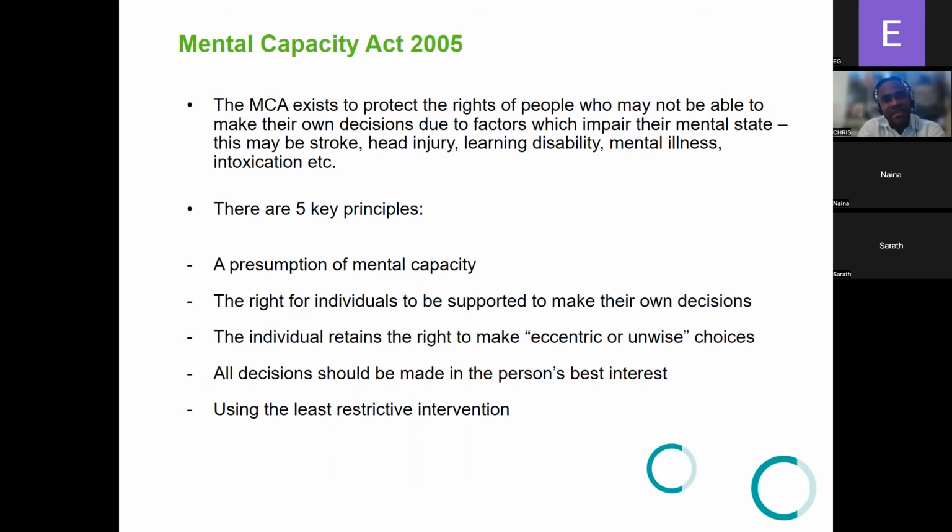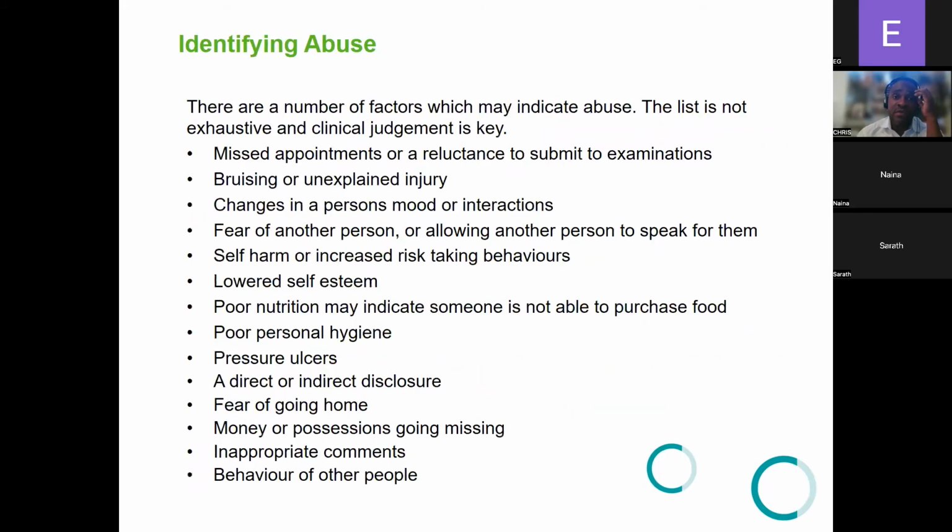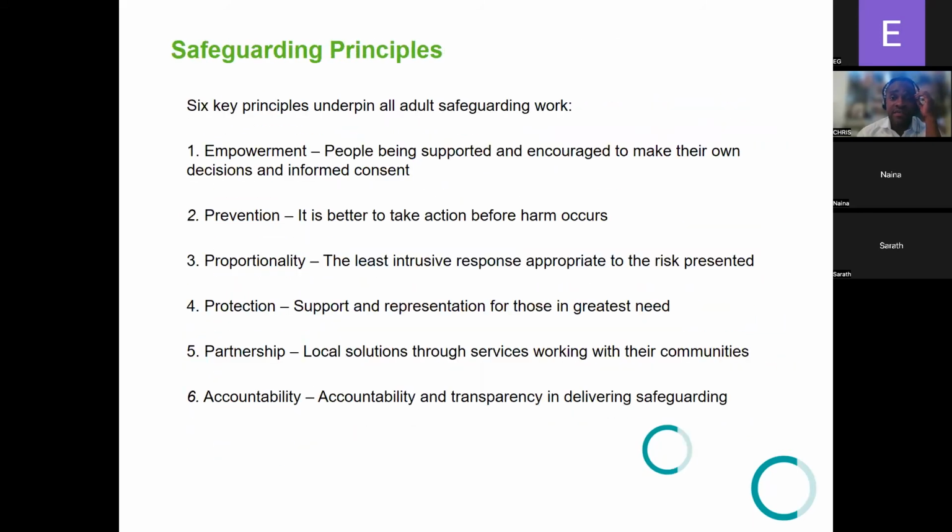And the last principle of the Mental Capacity Act is using the least restrictive intervention. When we're talking about the principles of safeguarding, we look at using the least intrusive, that's proportionality.